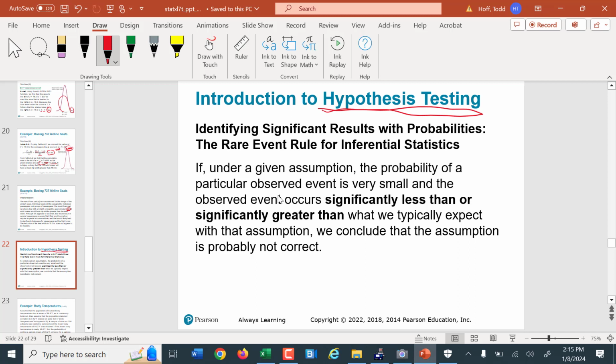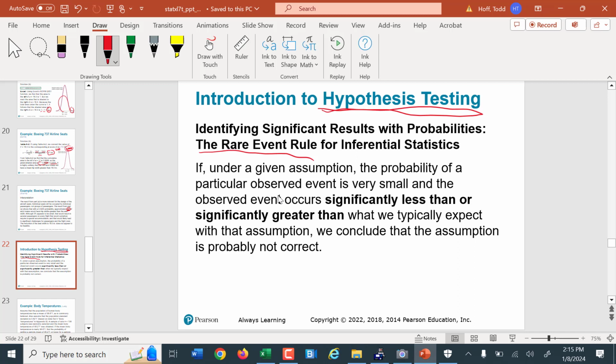And recall when we did probability in week 3, we talked about rare events or unlikely events. And if we make an assumption, in this case, we made the assumption that the mean of the sampling distribution is equal to the population mean.